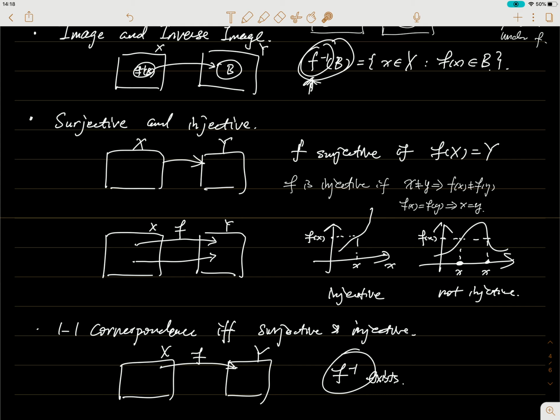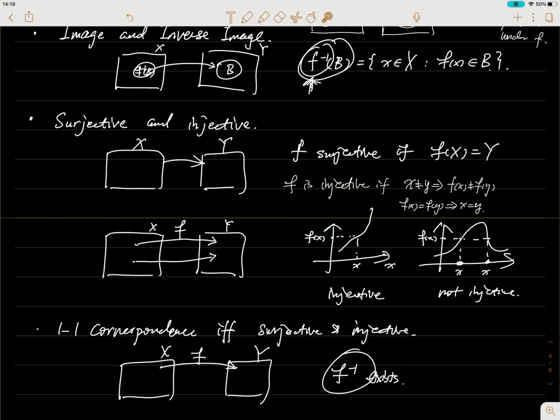So in the 1D case, for example, let's say f is a function from R to R, and the function looks like this. Then we can say this is injective. Let's just focus on the injective part. The function is injective here because every value of f only corresponds to one point in x.